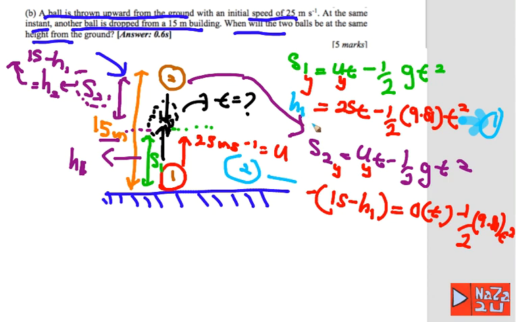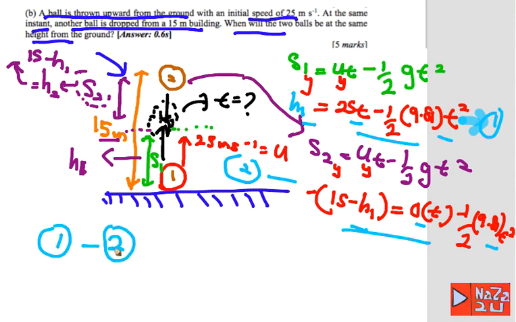So we have the item H1 for both equation 1 and equation 2, and also the items t and t squared for both equations, meaning you can use equation 1 minus equation 2 to find the value of t, because g, the gravitational acceleration, is the same.